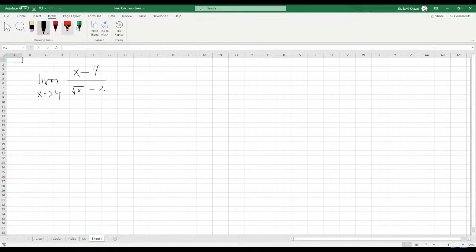Okay, that's very easy. This will lead me to the limit as x approaching 4. Now up, I will factor this one. If I consider this one as something like square root of x squared minus 2 squared, if I factor this one, it will be square root of x minus 2 times square root of x plus 2.